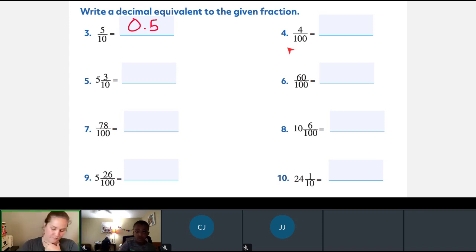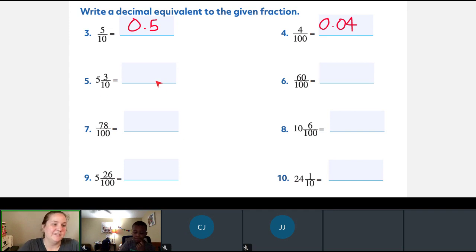Number 4 is 4 divided by 100, which will be 0.04 because we're in the hundredths place now. When you look at your decimals on the right side of the decimal, you have the tens, the hundreds. So since it's over 100, that's why we had to put that 0 there.